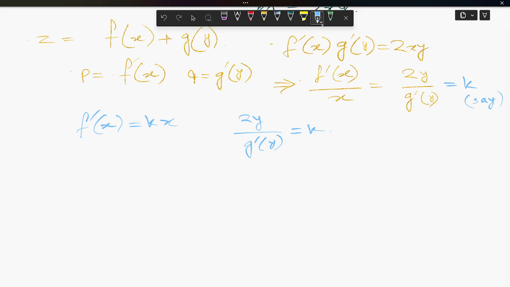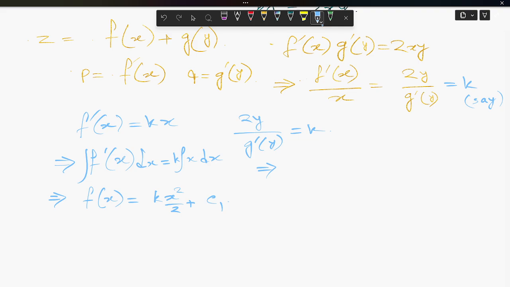From this, if we take the integration on both sides with respect to x, then we will get f of x equals kx square by 2 plus c1, where c1 is a constant of integration.